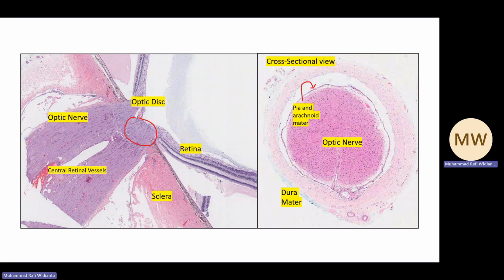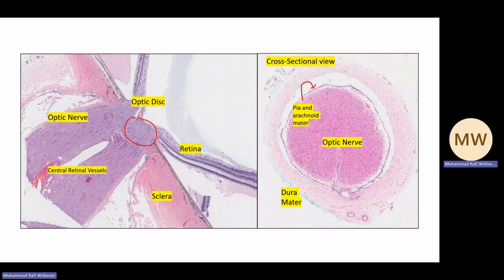And also something very important is the lamina cribrosa that I circled in red. It's the part of the eye that is located at the back where the optic nerve leaves the eye. And it's clinically significant because in diseases like glaucoma, this area could be damaged.